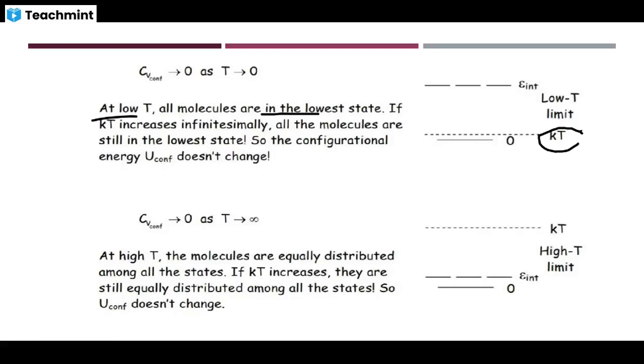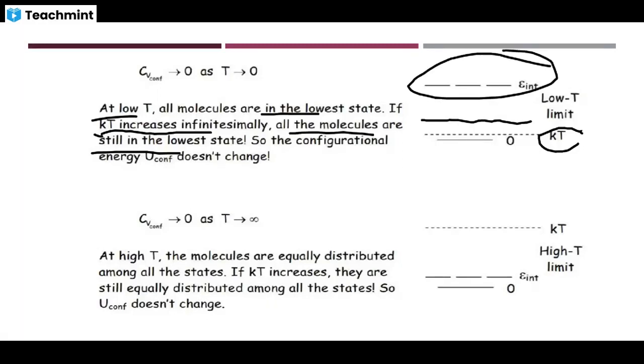If kT increases by an infinitesimal amount, all the molecules are still in the lowest state, because the higher energy levels are not accessible, since the available energy kT is very low. So Cv also tends to 0 at temperature 0.